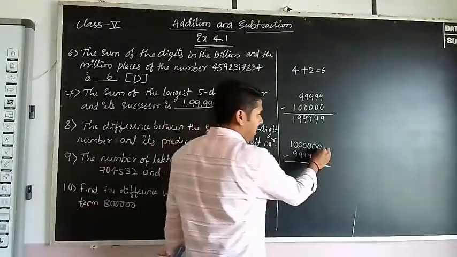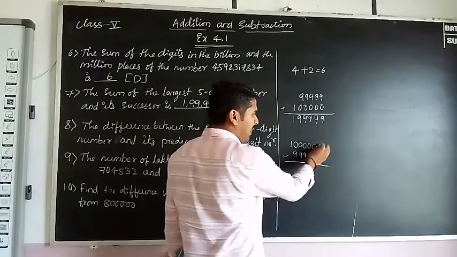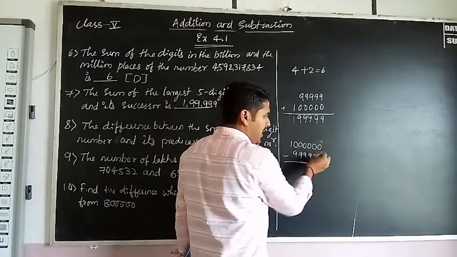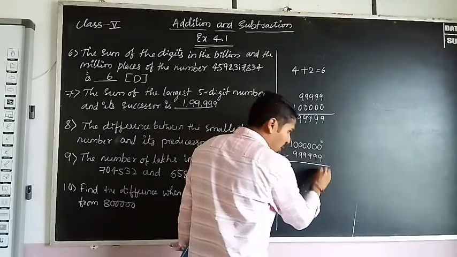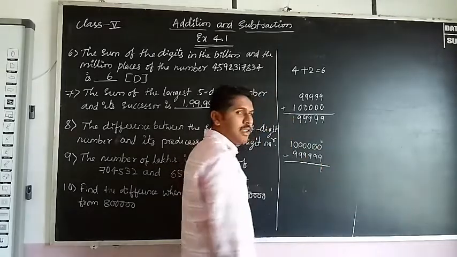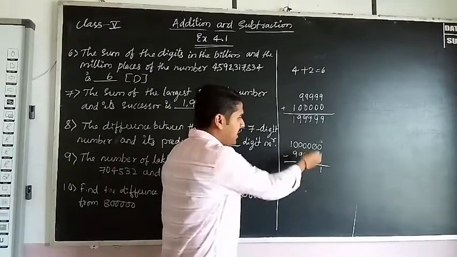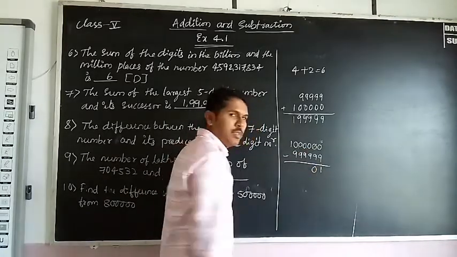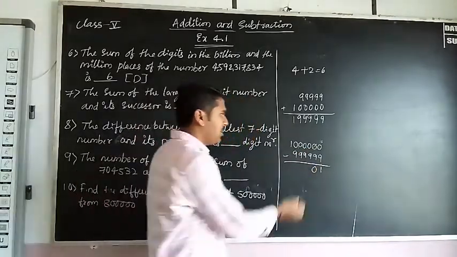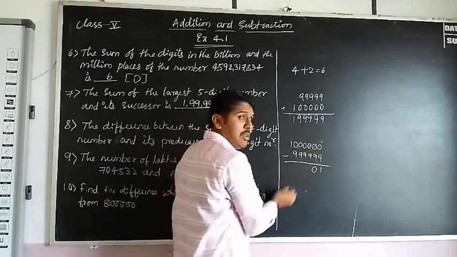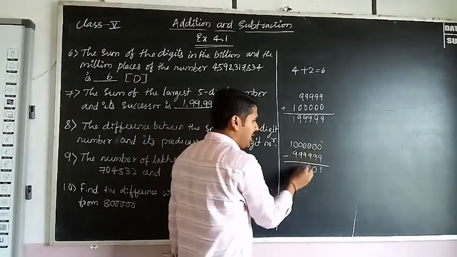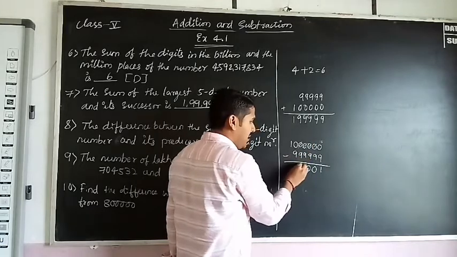So subtract it. Here 0 is there, so you can take back 10. 10 minus 9, 1. So here cancel. Again 10, 10 minus 1 already cancelled. 9 minus 9, 0, isn't it? Again cancel, 9 minus 9, 0.